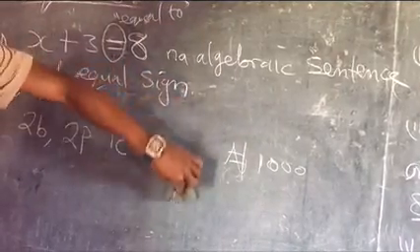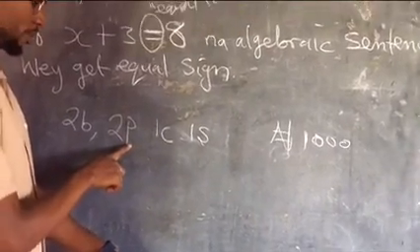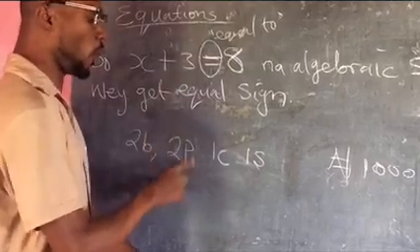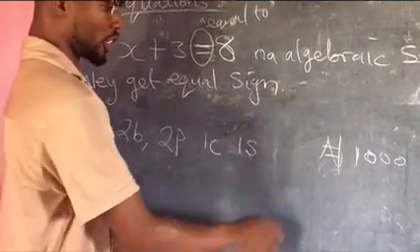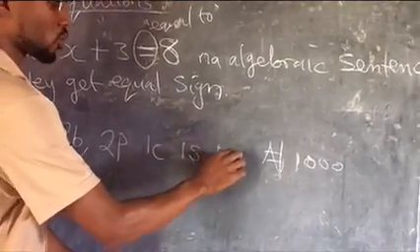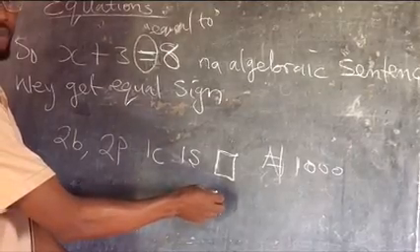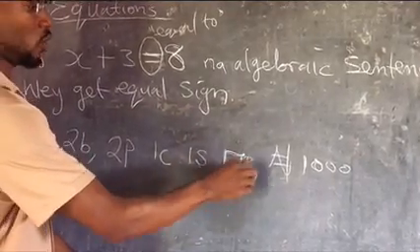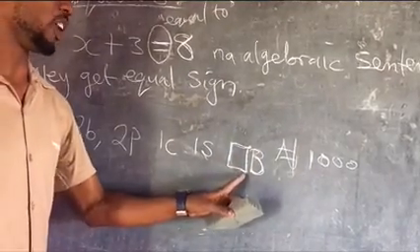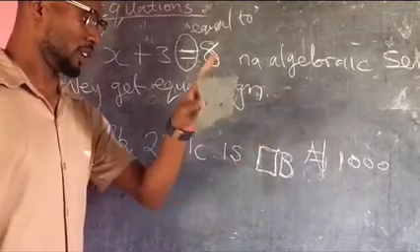Now, I don define wetin I wan buy. I wan buy 2 biro, 2 pencil, 1 cleaner, 1 sharpener. All this one, I know how many I want. But after I don't get all these things, the number of books depend on all these things what I don't get. So my book, I don't know the number of books what I will get, but I know say that the remaining change will buy me books.